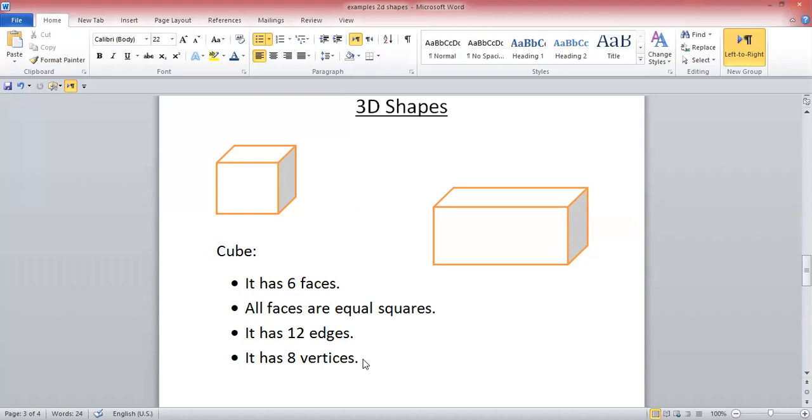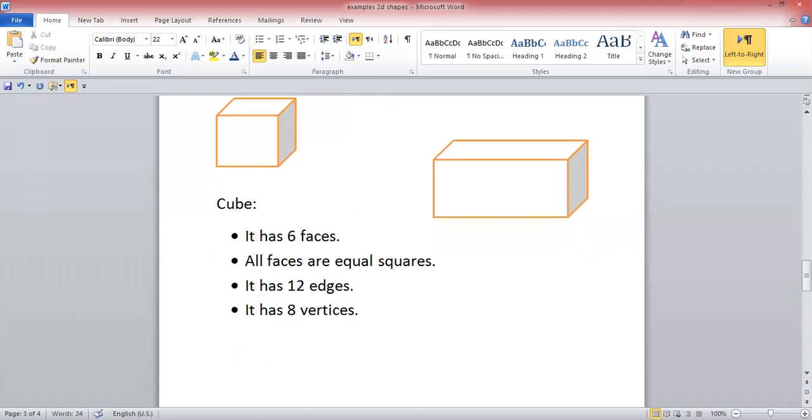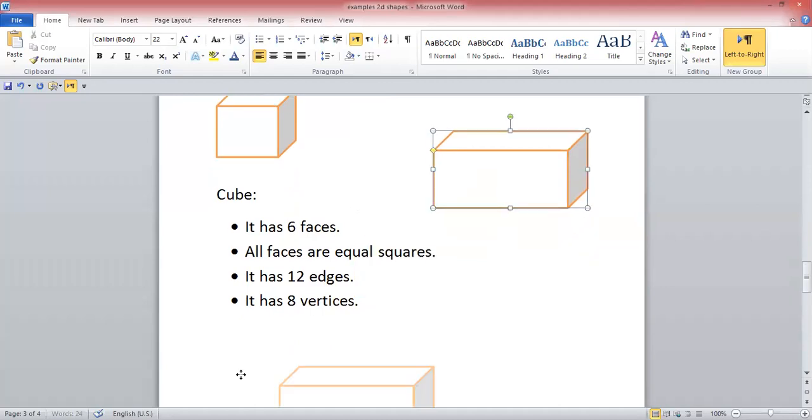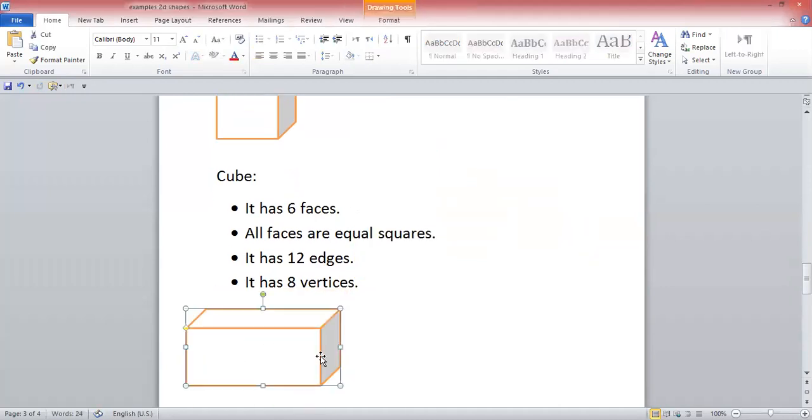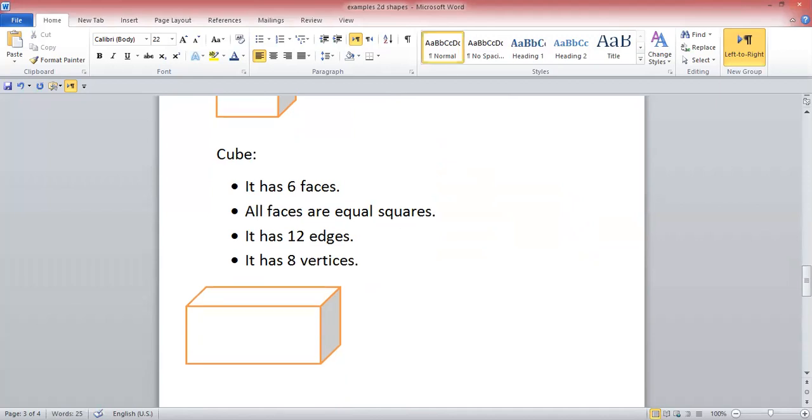Now I'm going to write cuboid. This is cuboid. And I will start writing. Cuboid. Whose mic is open?